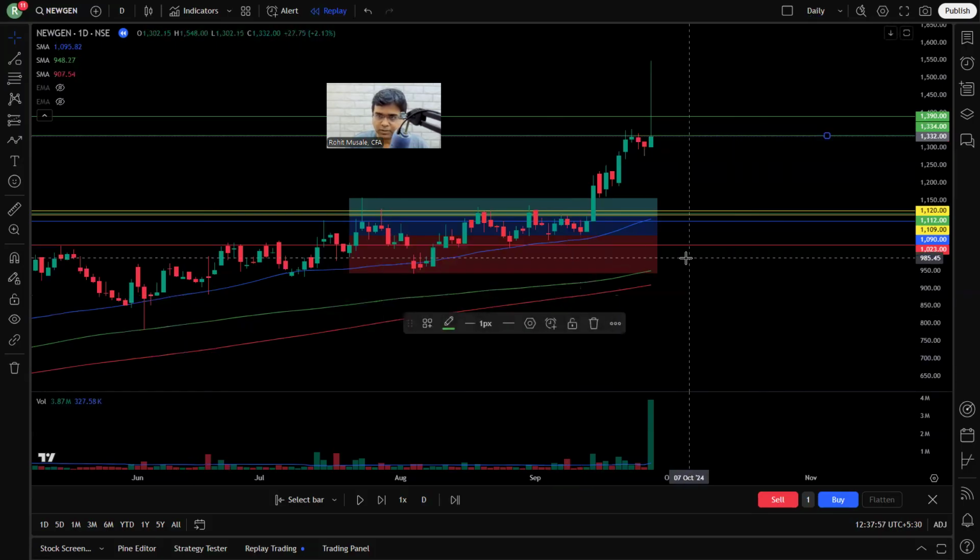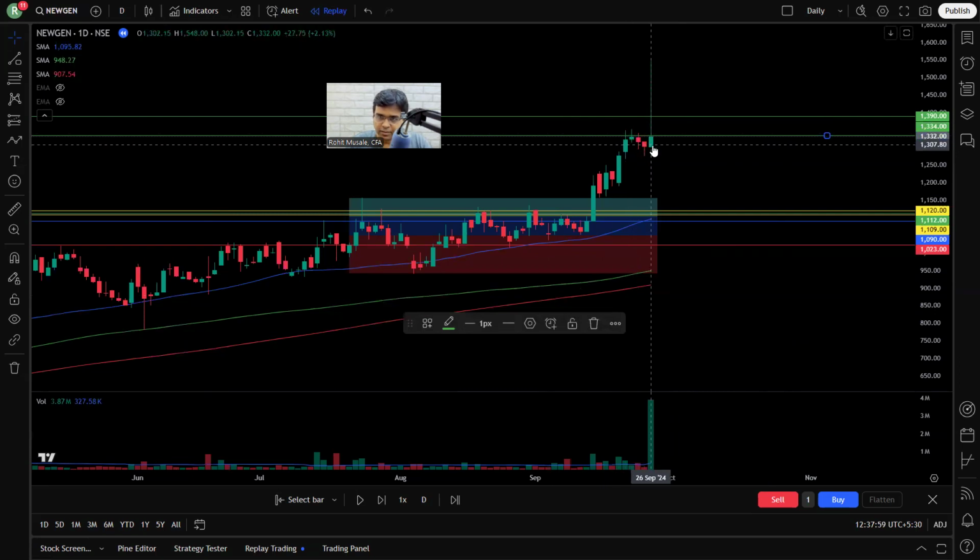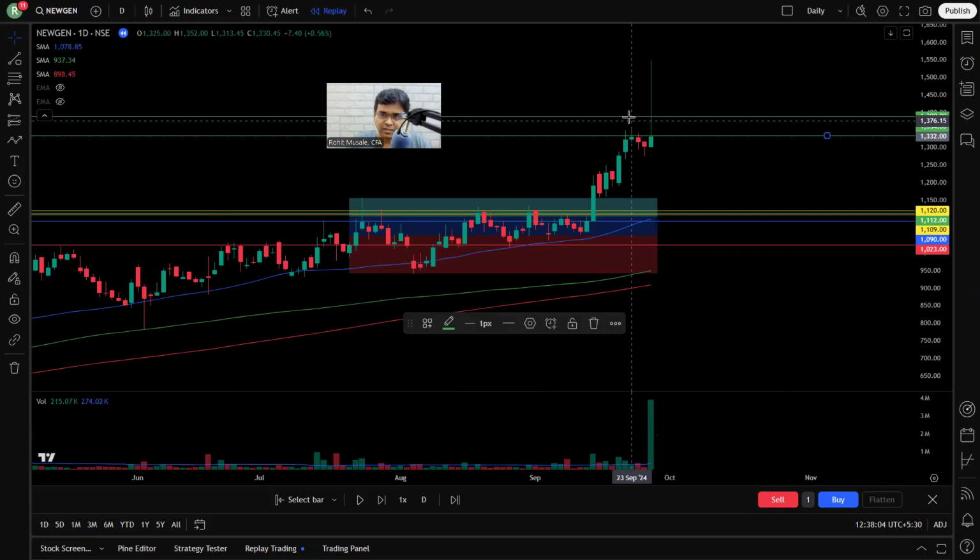So if you notice here somewhere, the stock has started to go into your selling zone. This is 20% above your buy price. This is 25% above your buy price.